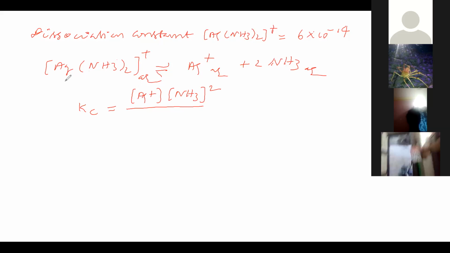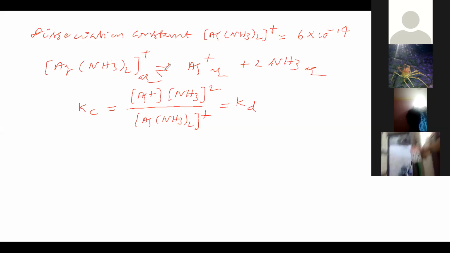In the denominator we write the left side term, that is the complex. This equilibrium constant is also called the dissociation constant because it undergoes dissociation. So the dissociation constant is nothing but the equilibrium constant.